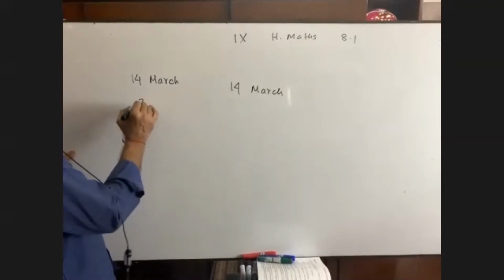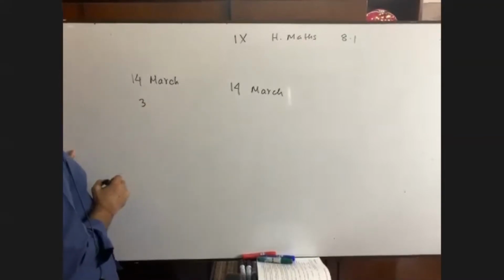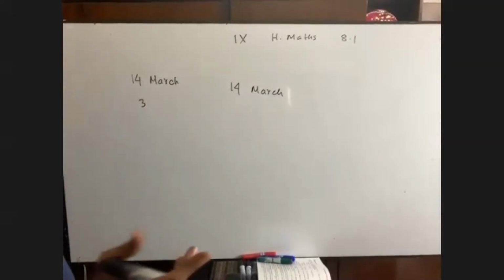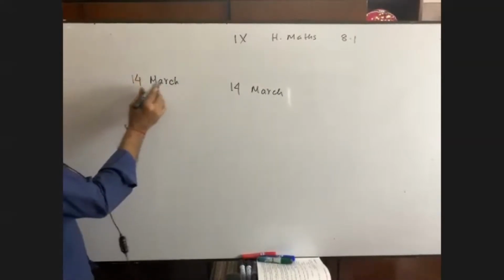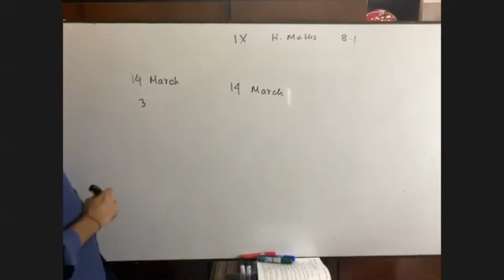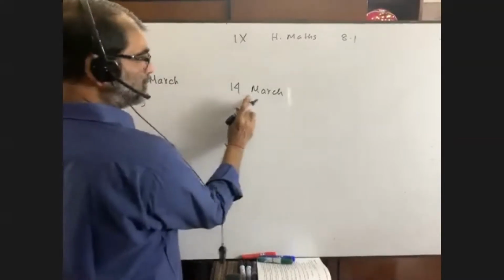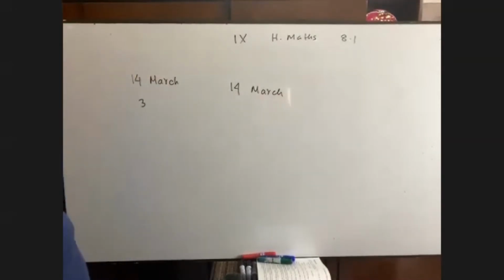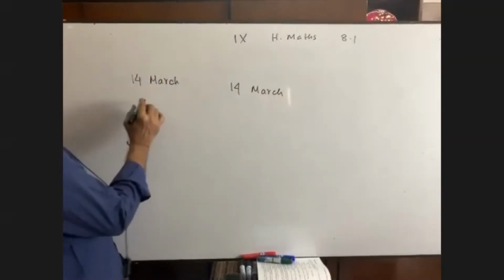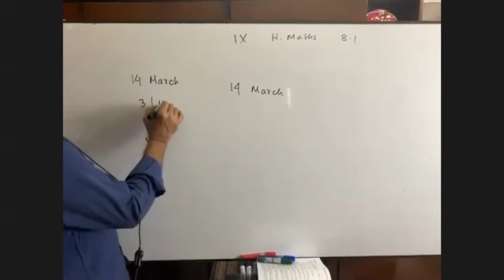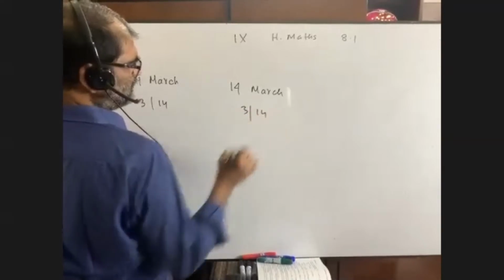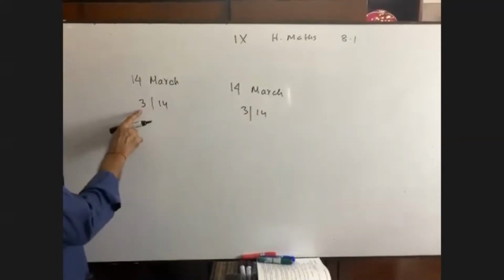Sir, isn't it the death of Stephen Hawking? I'm going to tell you, please. It is the date of birth of Albert Einstein. It is the date of death of Stephen Hawking. Now we can write here 3/14, month at first.